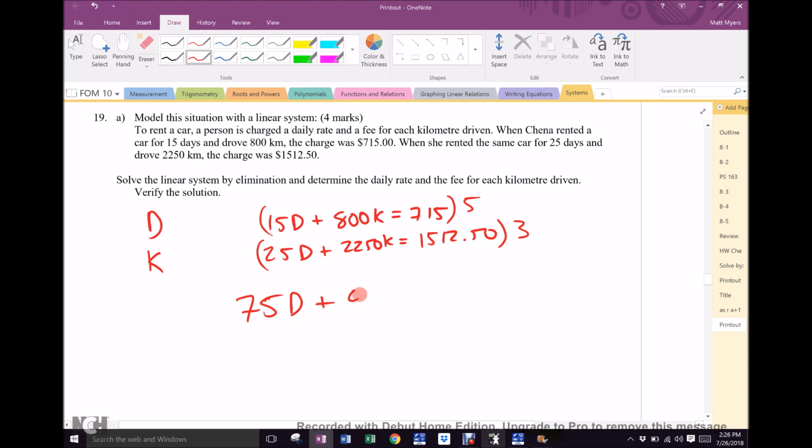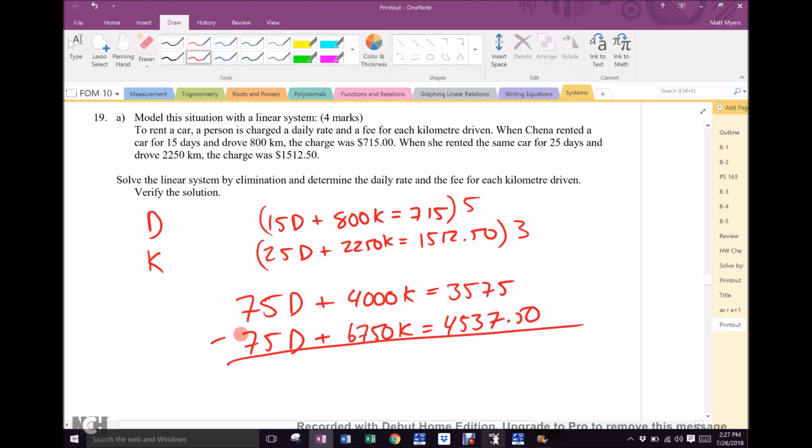75D plus 4,000K equals 3575. And 75D plus 6,750K equals 4,537.50.